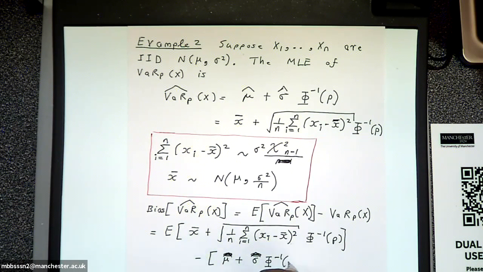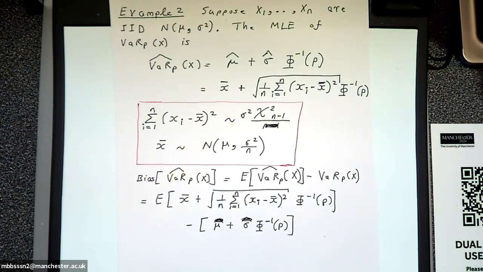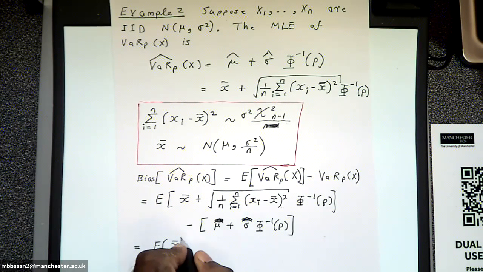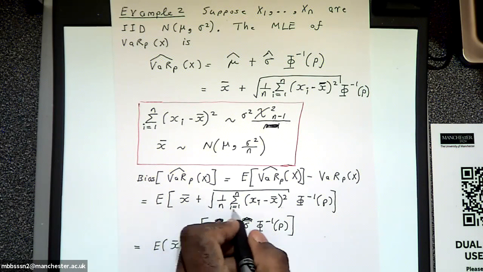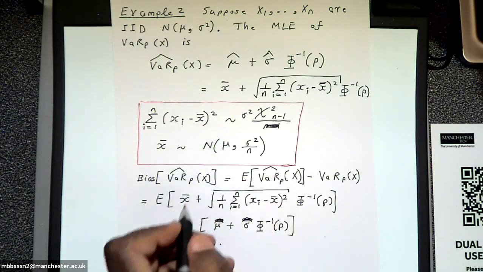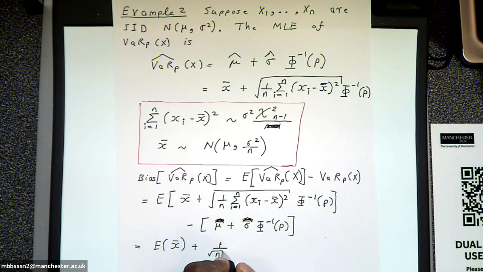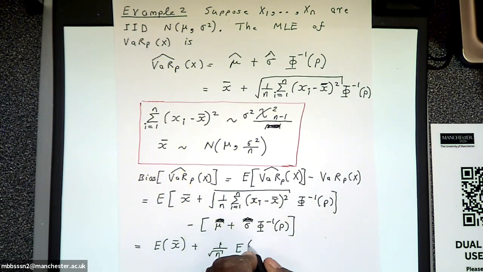No one keep meeting. There's no hat. Excuse me. It's just mu plus sigma times phi inverse of p, right? Now you should take the expectation inside. This is going to be the expectation of x bar plus 1 over square root of n times the expectation of this.